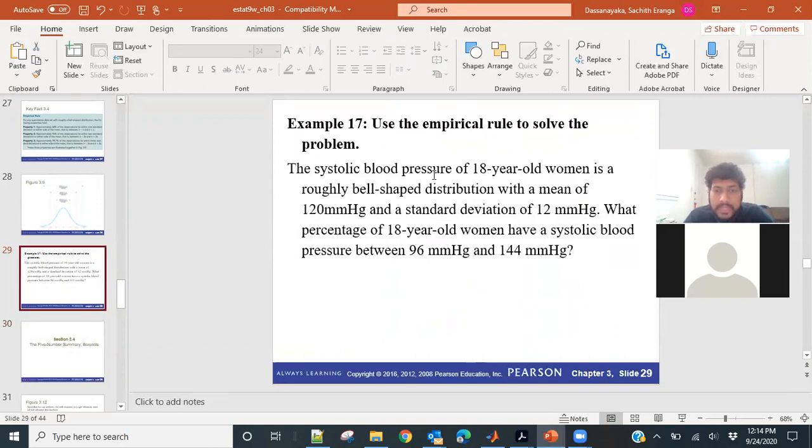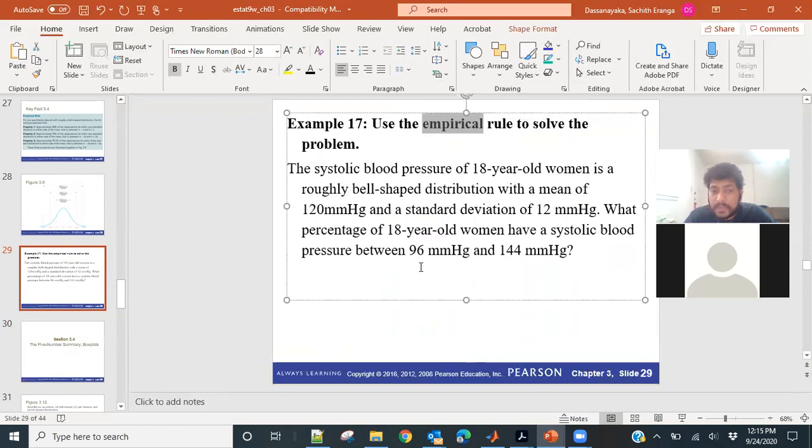If you have to deal with the empirical rule, you should recognize whether we have to use one standard deviation, two standard deviations, or three. So here, the blood pressure of 18-year-old women is roughly bell shaped, which means it's normally distributed, the normal distribution we are talking about in this section. The mean is 120 and the standard deviation is 12.